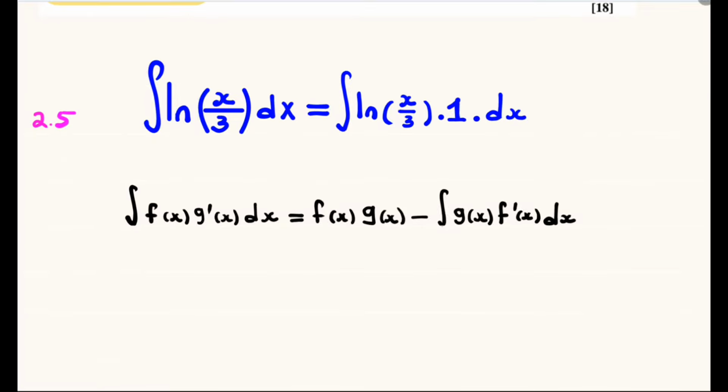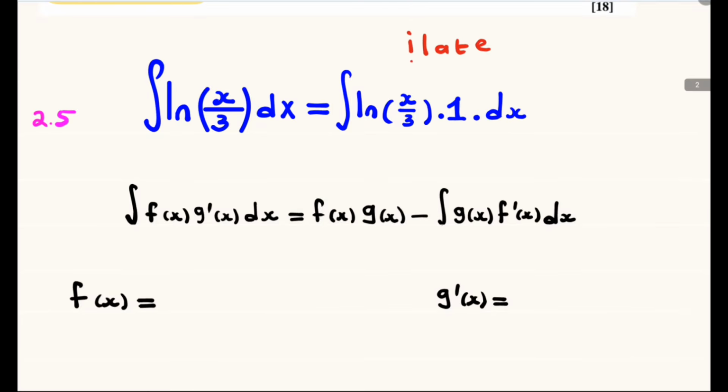So one function will be equal to f of x, and the other function will become the g prime of x between the 1 and the ln of x over 3. We use the ILATE rule, and the logarithmic function comes before the algebraic function. So the logarithmic function will be the f of x since it comes first before the algebraic.